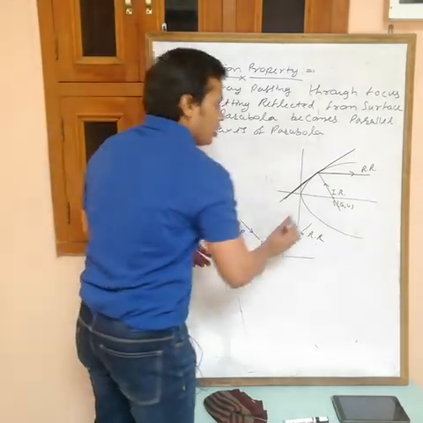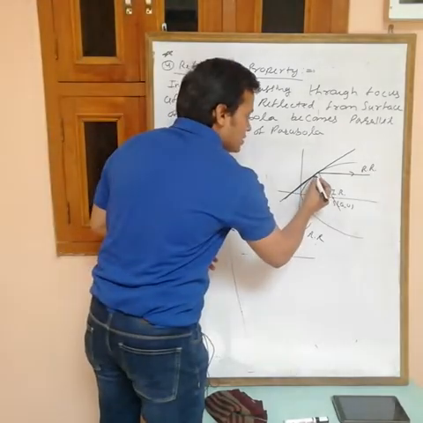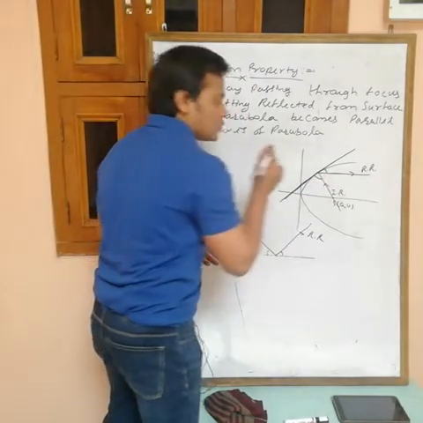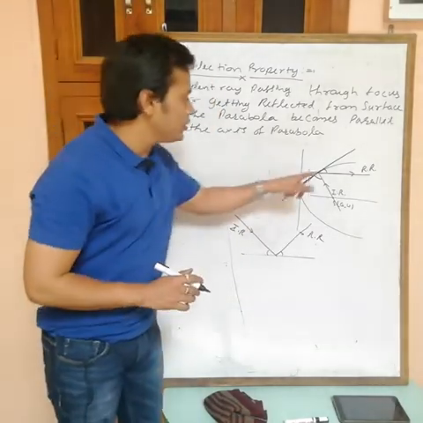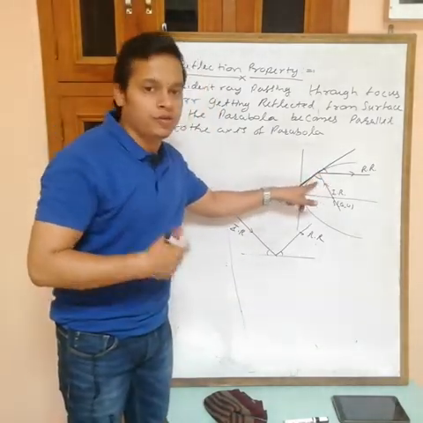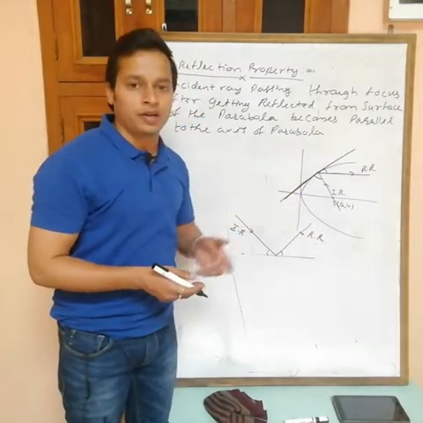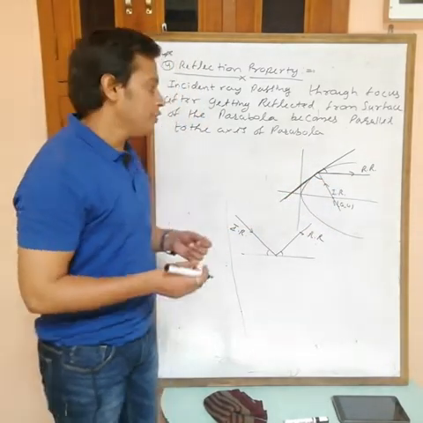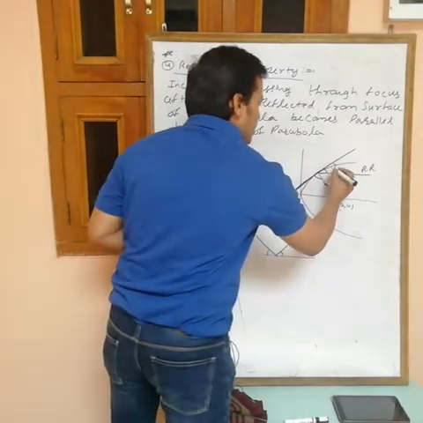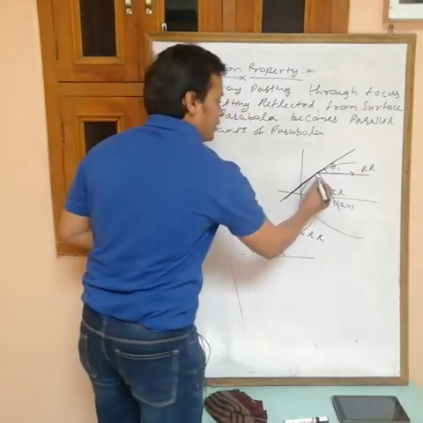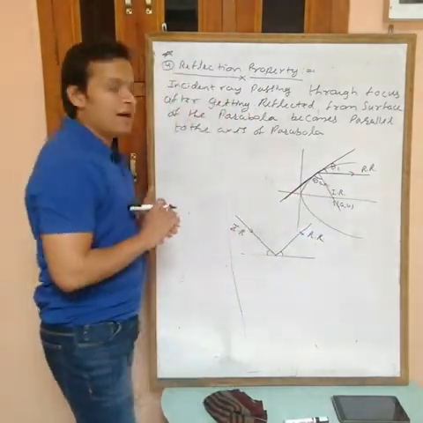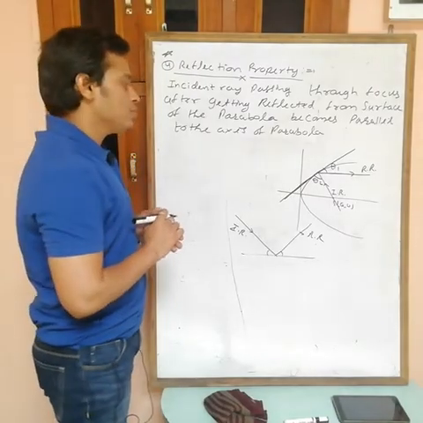Now I have to prove that this angle is equal to this one. If I can prove that, then you can say that if this is the incident ray, then this one is the reflected ray. Suppose this angle is theta 1 and this one is theta 2. Now I have to prove that theta 1 equals theta 2.